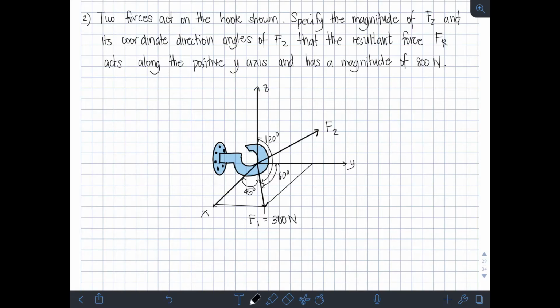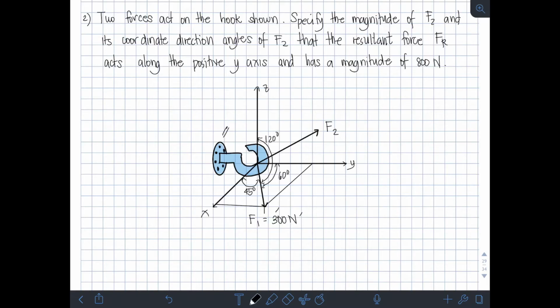Okay? Next, we have two forces act on the hook shown. Specify the magnitude of F2 and its coordinate direction angles of F2 such that the resultant force Fr acts along the positive y-axis and has a magnitude of 800 Newton. Okay, so meron daw tayo ditong hook, at merong dalawang force na nag-act, which is itong force F1 with magnitude 300 Newton, na meron ding certain angle between the x and y axis.